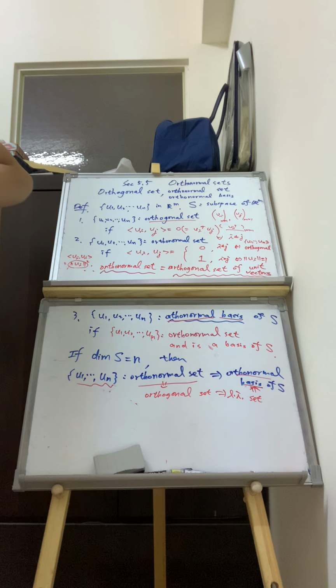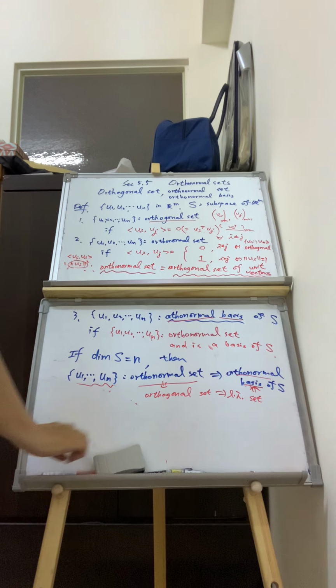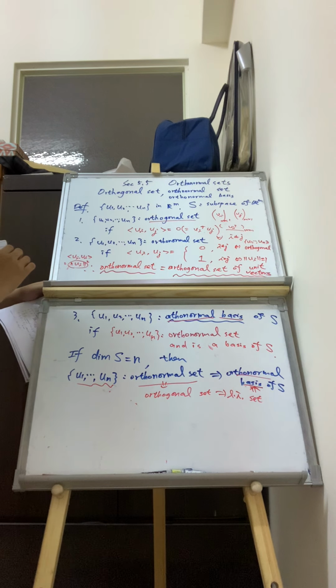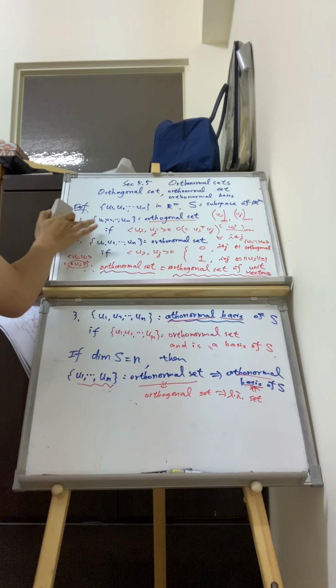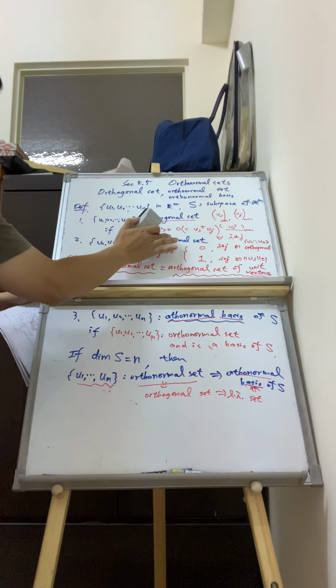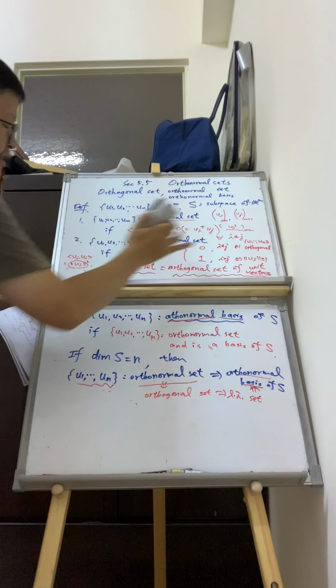Okay, now let's see some examples. An orthogonal set means that the inner product of ui and uj equals 0 for all i not equal to j.